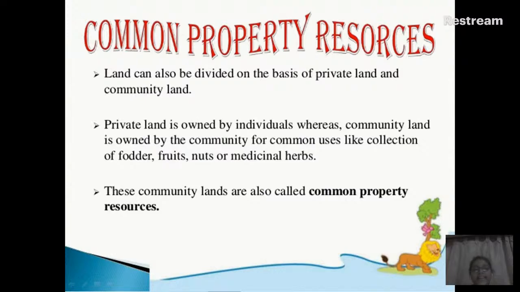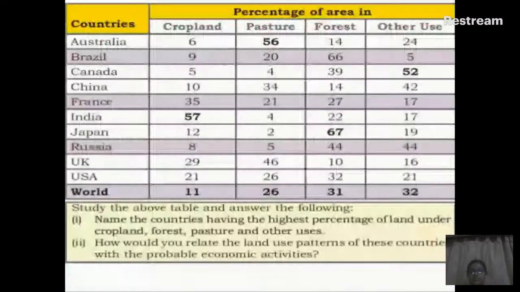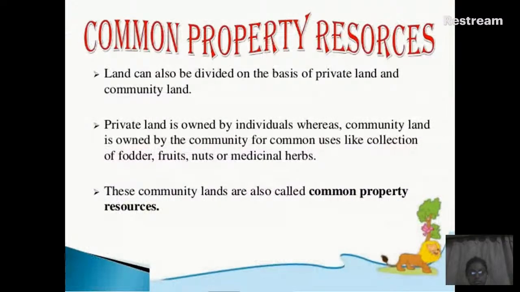Private land is owned by individuals, whereas community land is owned by the community for common uses like collection of fodder, fruits, nuts or medicinal herbs. So these are known as common property resources.